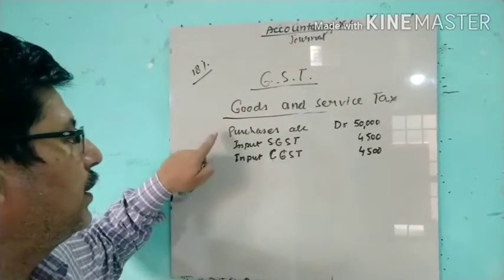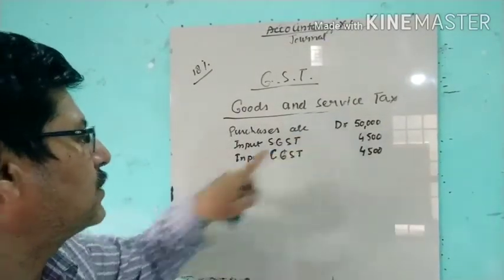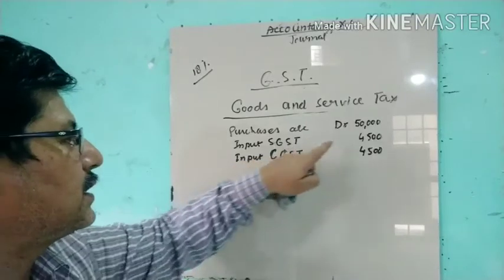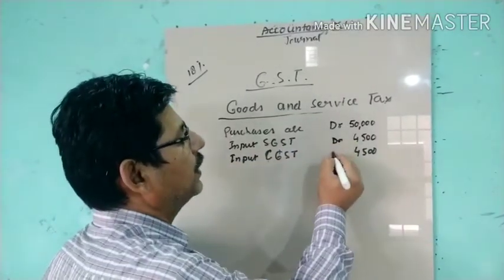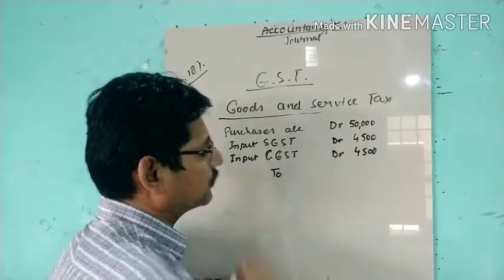That is, purchases account debit 50,000, input SGST 4,500, input CGST 4,500. This is Dr.